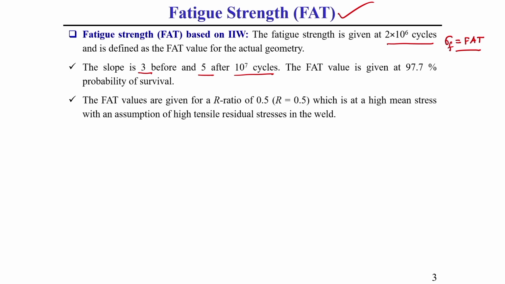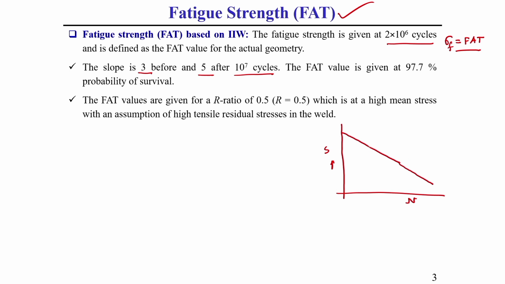What does it mean? Once we draw the fatigue curve in the SN, stress versus cycles diagram, the fatigue curve looks like this. Initially the slope is 3, after that the slope increases a little bit.